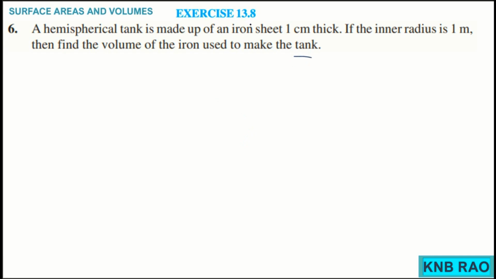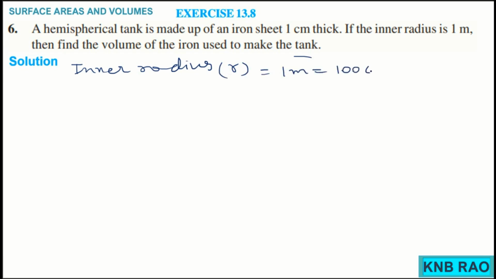See children, here we have inner radius, let's say r, given as 1 meter, which is nothing but 100 centimeter. Thickness is normally the difference between outer radius and inner radius, and it is given as 1 centimeter.